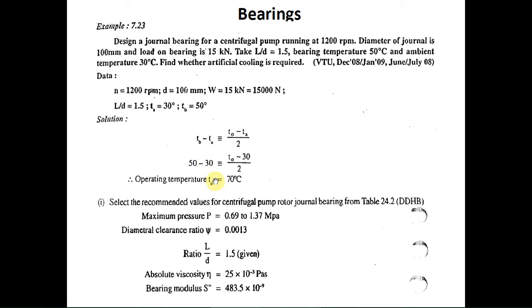TB minus TA is approximately (T naught minus TA) by 2, so it is 50 minus 30 equals (T naught minus 30) divided by 2, and you get an operating temperature of 70 degrees centigrade. First step, select the recommended values for a centrifugal pump rotor general bearing from table 24.2 of the DDHB. For that you have to collect that part, and I'll show that table 24.2.